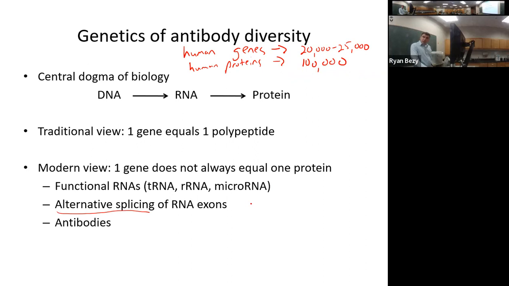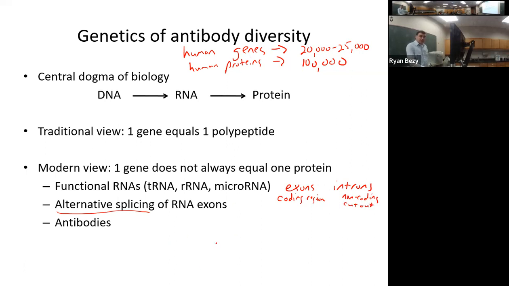Sometimes you can have a gene. Do you guys remember what the difference between exons and introns are? Yeah. What are the exons? The expressed or coding regions. And the introns are the non-coding regions that are cut out during RNA processing.